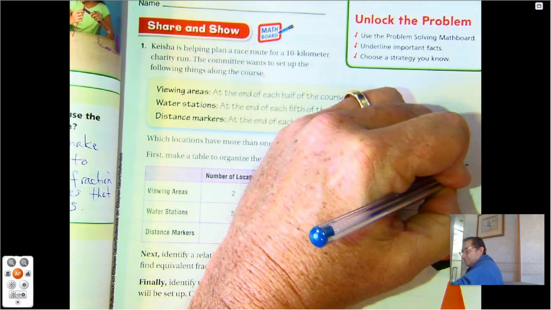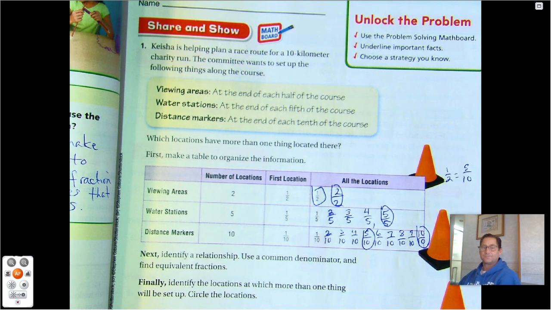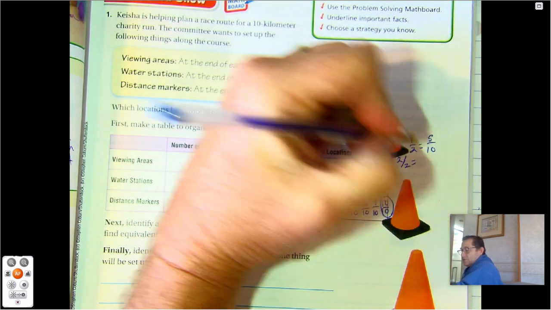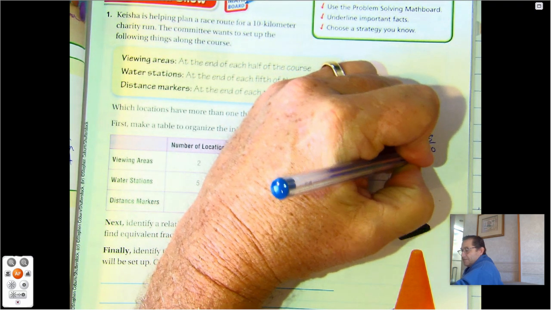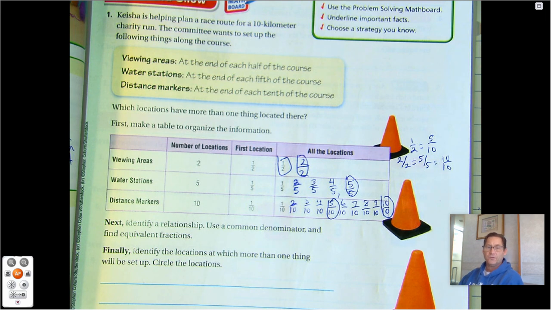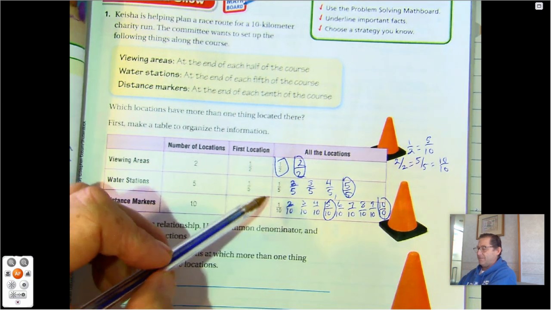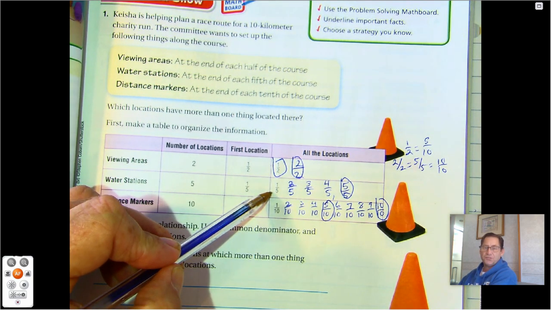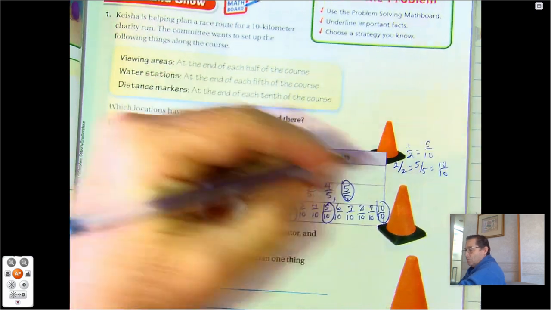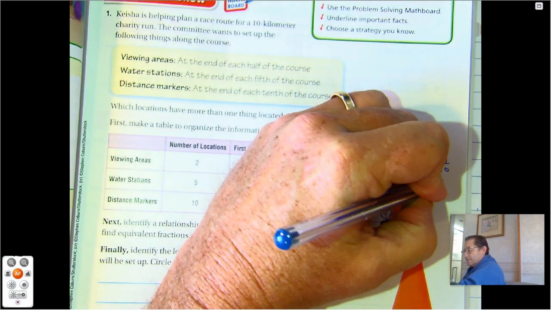Okay, so let's go ahead and make a list of these. 2 2's is equal to 5/5, which is equal to 10/10. Okay, so we know those. All right, now, how about 1/5? If I multiply 1/5 by 2, I'd get 2/10. So 1/5 equals 2/10. 2/5.